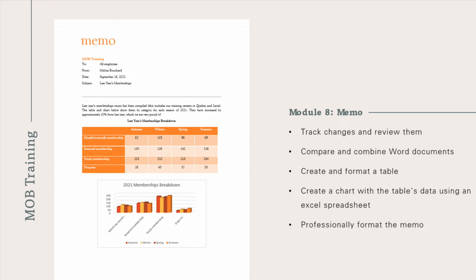So I wrote a little text to explain to my employees what it is about. And then the table shows the data by season and by membership type. And after that, under the table, there is a chart that shows this data more visually so employees can understand it better.